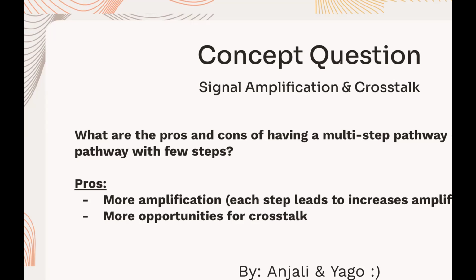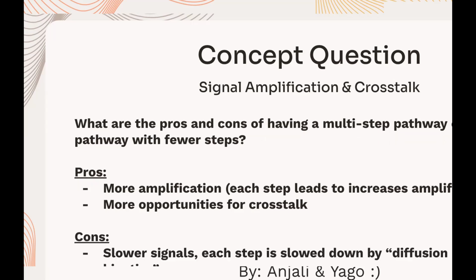So we said the pros: more amplification, right? At each step, we can talk to more people, we can spread the message farther, and there are more opportunities for crosstalk. So more ways that a pathway can talk to another pathway and intervene. Cons: slower signals, right? If you ever see the phrase diffusion rate limiting kinetics, it sounds fancy, but it's actually not that fancy.